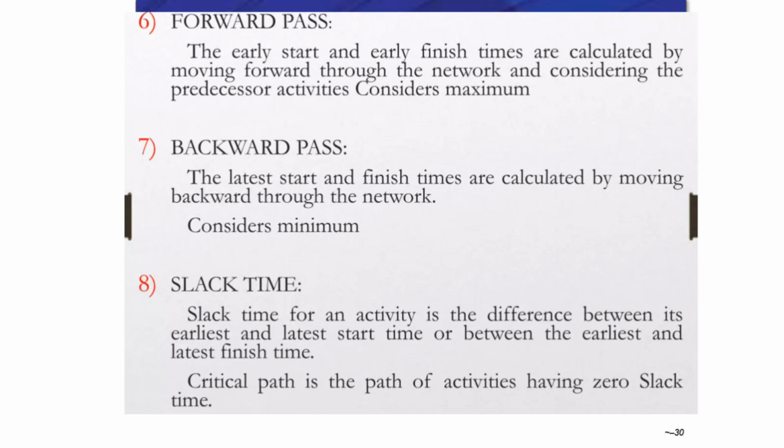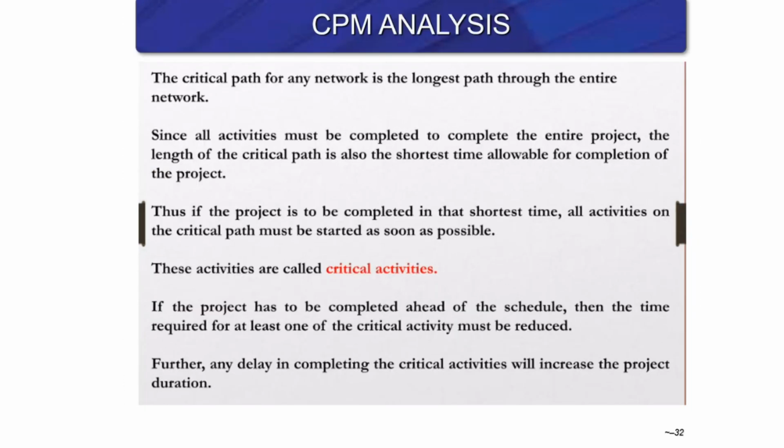Slack time is calculated by finding the difference between ES and LS, or EF and LF, basically. Just to summarize the purposes of these two tools, and we can see some examples.